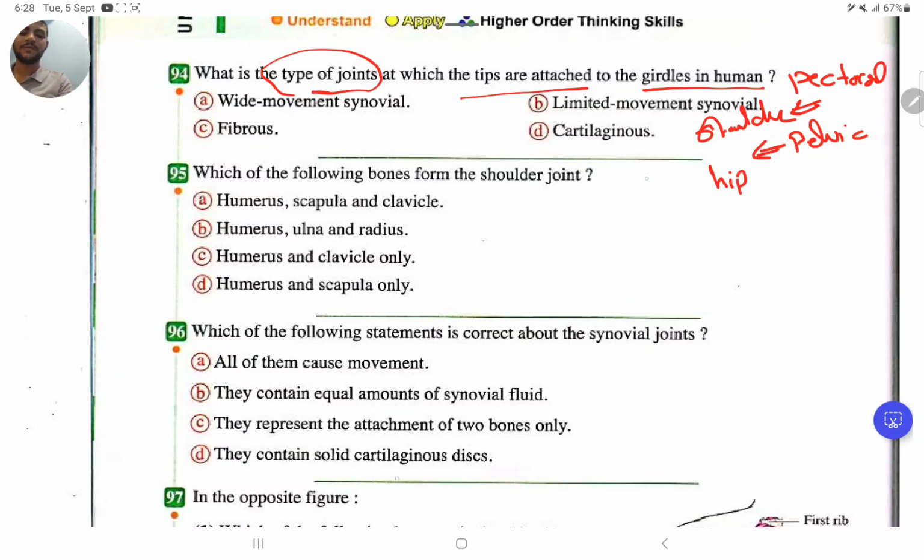Both of them are wide-movement synovial joints. So it's a clear answer.